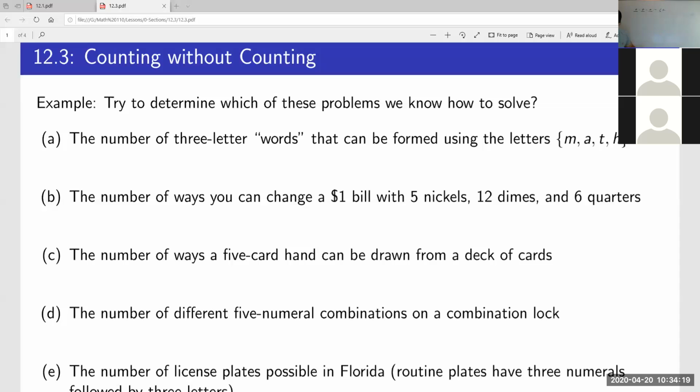Okay. So B, the number of ways that you can change a $1 bill with 5 nickels, 12 dimes, and 6 quarters. Do we know how to solve this using our counting rules? Say not really.